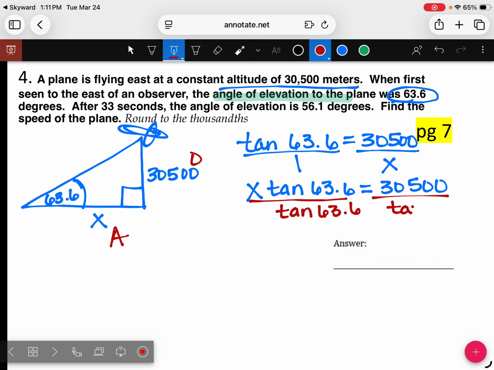So pick up your calculator. Take 30,500 and divide that by the tangent of 63.6, and see what you get.